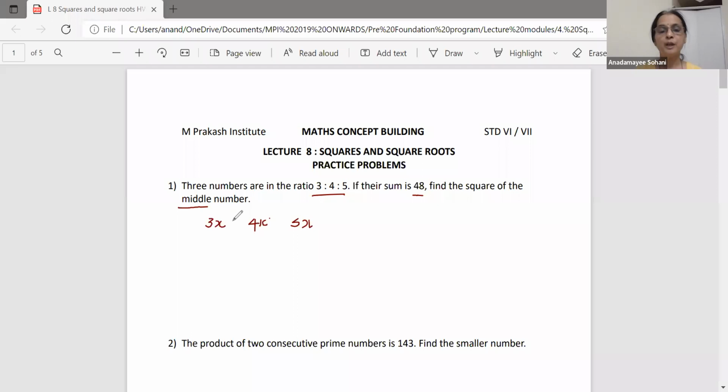And therefore, their sum will be 3x plus 4x plus 5x. That will be 12x. Okay. So if their sum is 12x, and that 12x is equal to 48, we know that x is equal to 4.